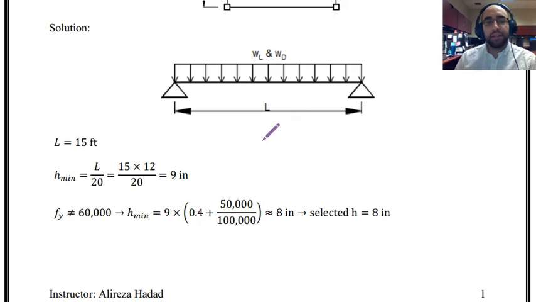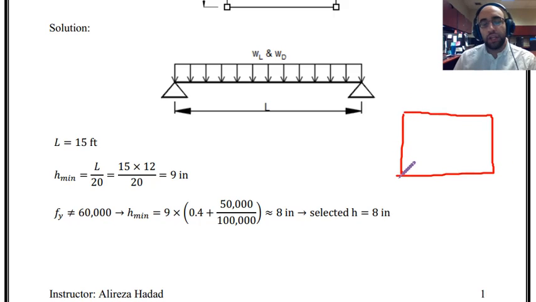Right? So this is our slab, and now I'm going to consider the other steps in the design. So far we could understand the height, right? If we were designing a beam right now, after finding the height we would start thinking about the width.